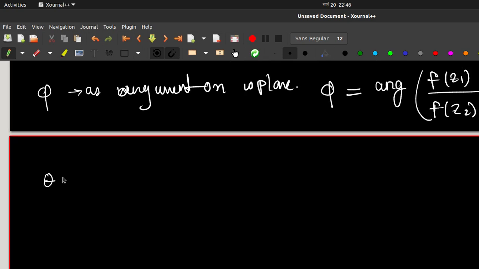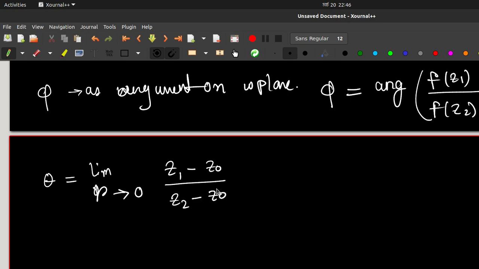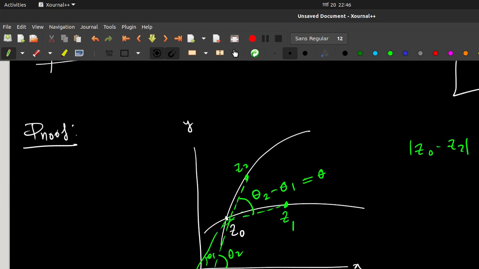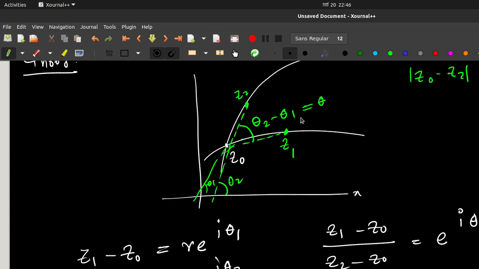So we are calling theta the limit when r goes to 0 of z1 minus z0, and let's say this is z2 minus z0. Oh wait, sorry, we are calling theta 2 minus theta 1. In that case there should be a minus, so we need to reverse this, sorry about that.